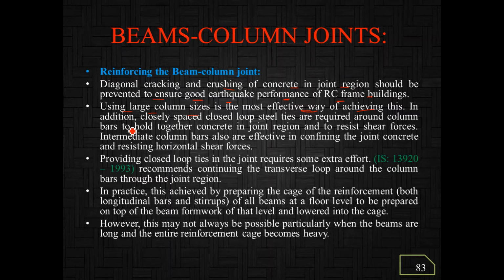In addition, closely spaced closed loop steel ties are required around the column bars to hold together concrete in the joint region and to resist shear forces. Intermediate column bars are also effective in confining the joint concrete and resisting horizontal shear forces.